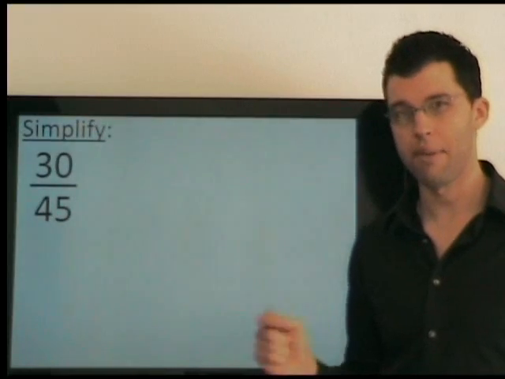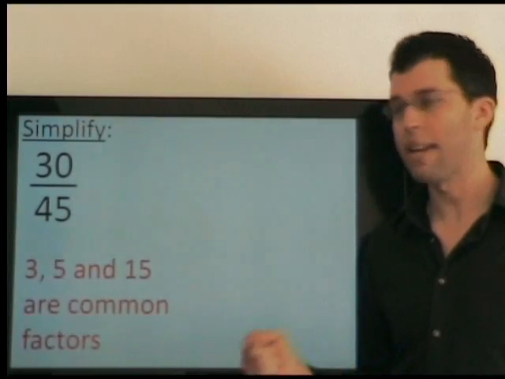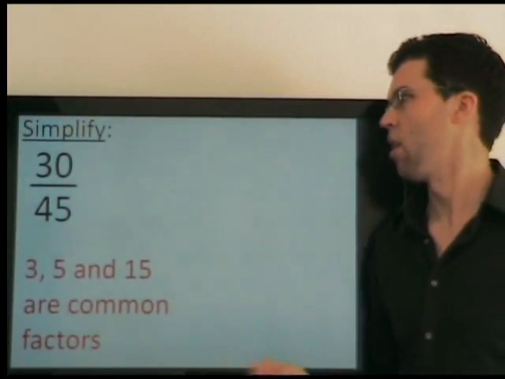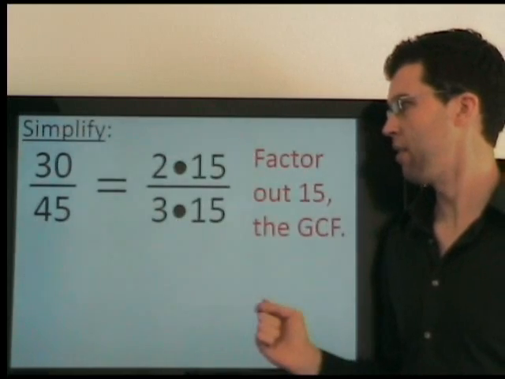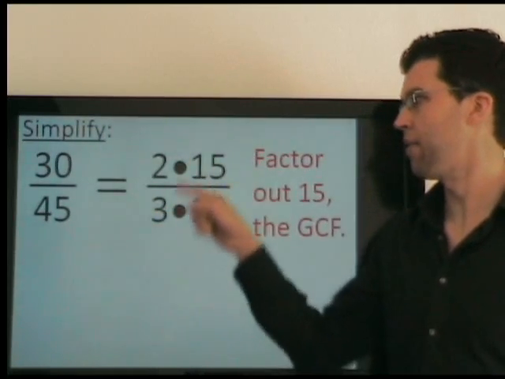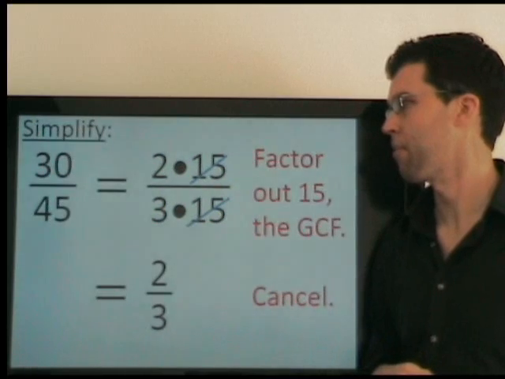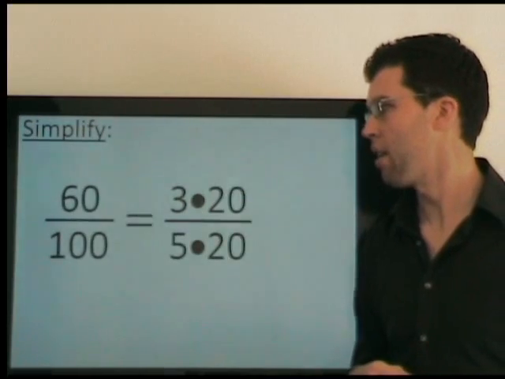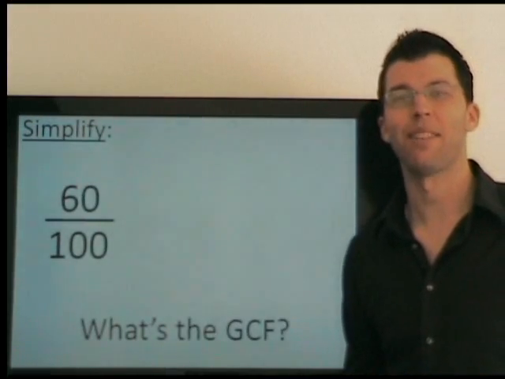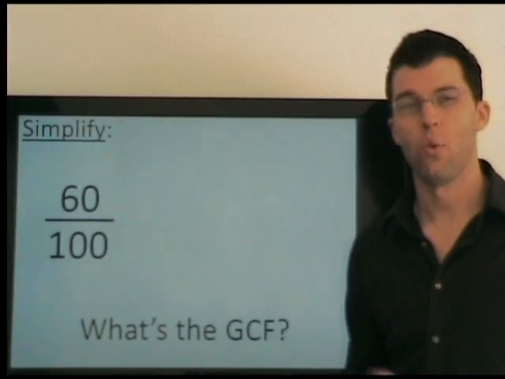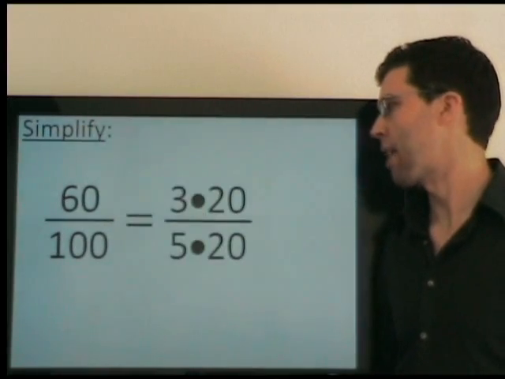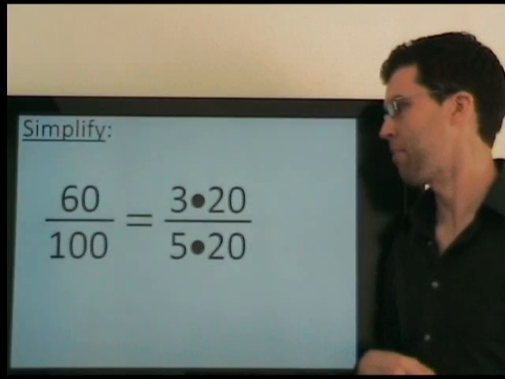Here there are several common factors. We select the greatest one, which is 15, so we factor out 15 and cancel, and what's left is our answer. Same thing here. We must select the greatest common factor, which is 20. So we factor and cancel 20.